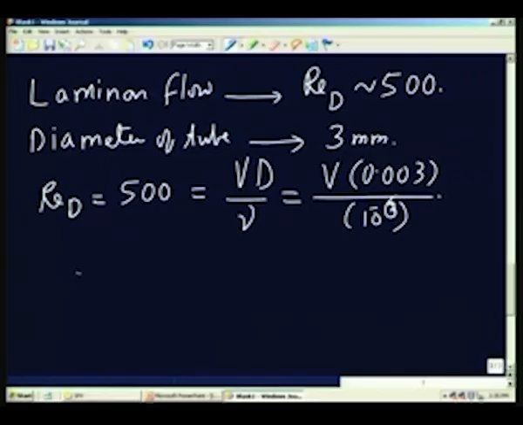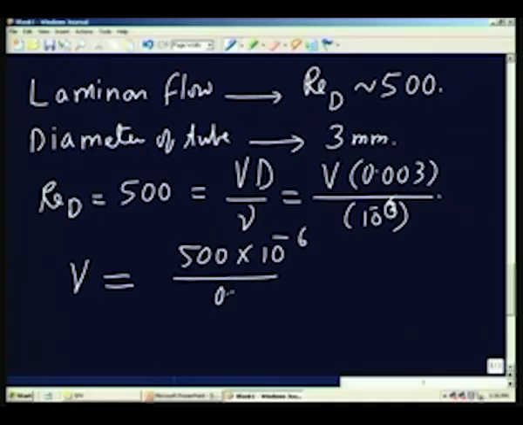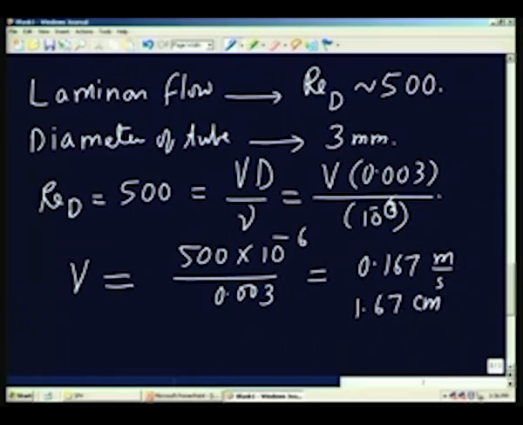And therefore, this gives you a velocity of 500 into 10 to the power of minus 6 divided by 0.003, and this is roughly 0.167 meter per second, or this is 1.67 centimeter per second.